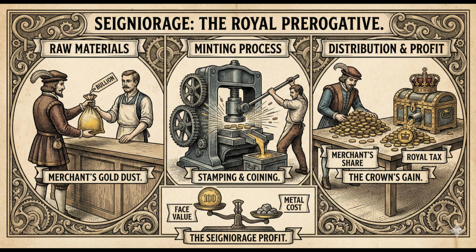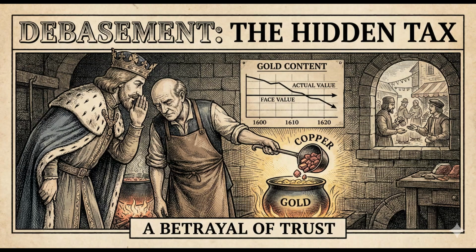However, the prerogative of minting also provided monarchs with a dangerous temptation: debasement. By subtly reducing the weight or the fineness of the gold content while maintaining the face value of the coin, a king could secretly increase his seigniorage to fund wars and to pay off crown debts. This was often justified as a monetary reform, but in reality it was a hidden tax on the populace.